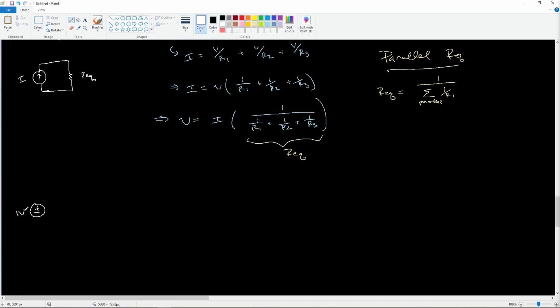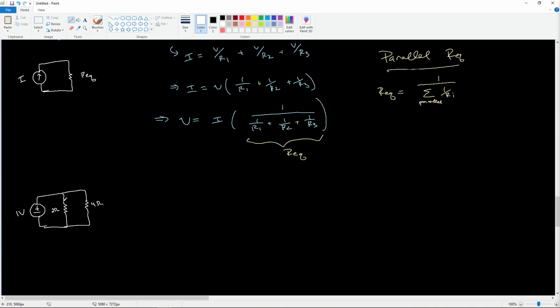Say we have 1 volt, it won't actually matter. Let's just say we have 2 resistors. One is 2 ohms and one is 4 ohms, right?